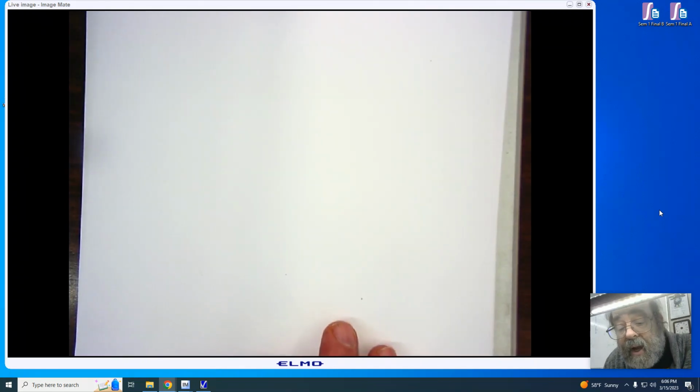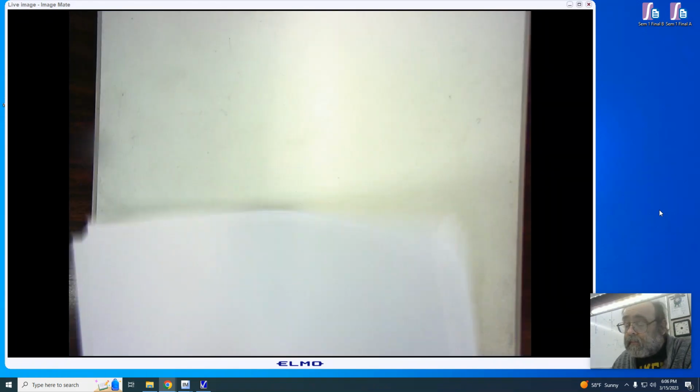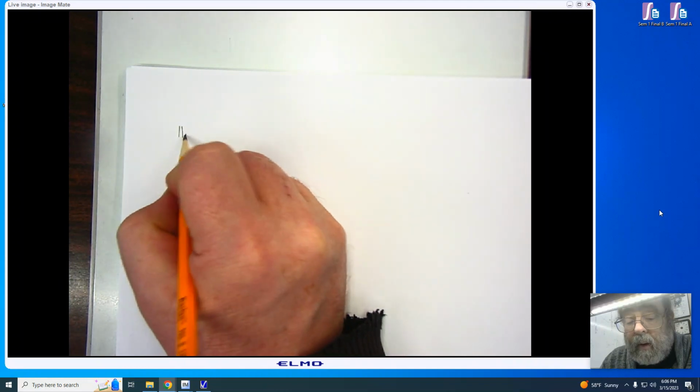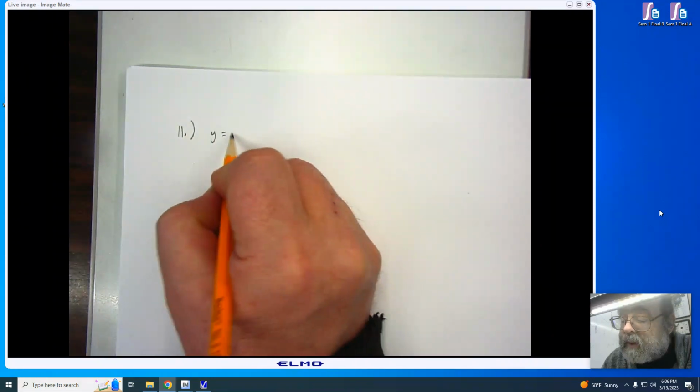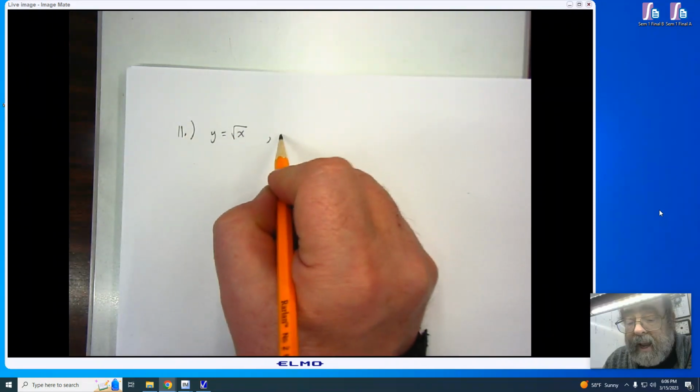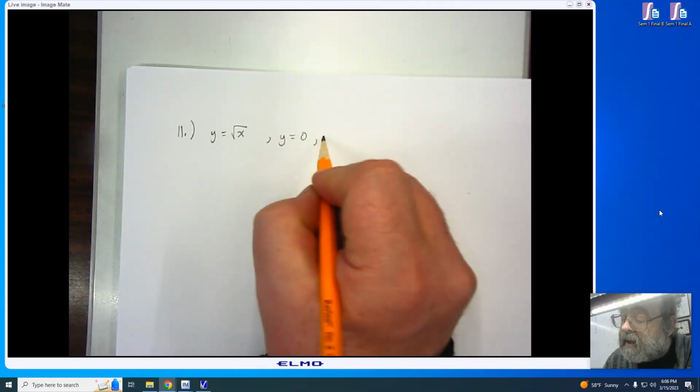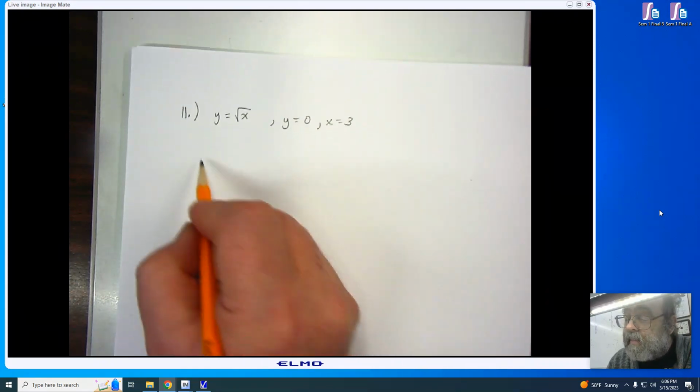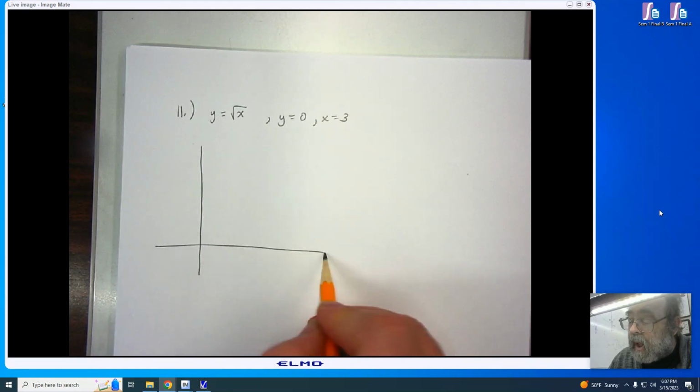Number 11 is asking us to find the volume of the figure generated when we revolve around certain axes. In our first one, we have y equals the square root of x, with y equals 0 and x equals 3. I'm going to start by looking at what this looks like.